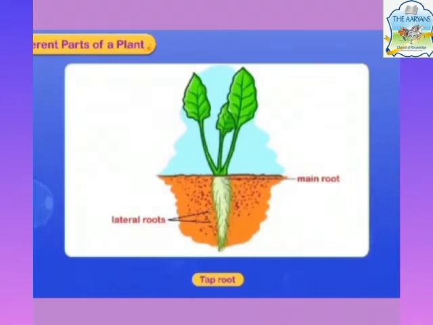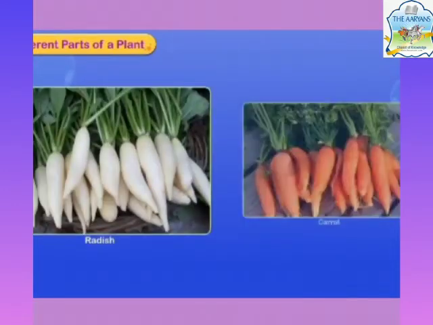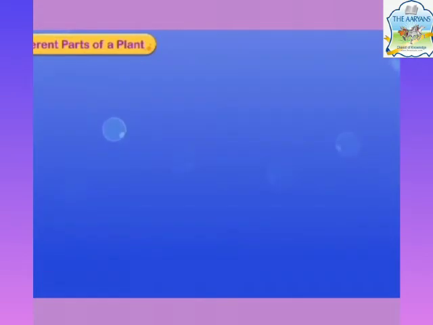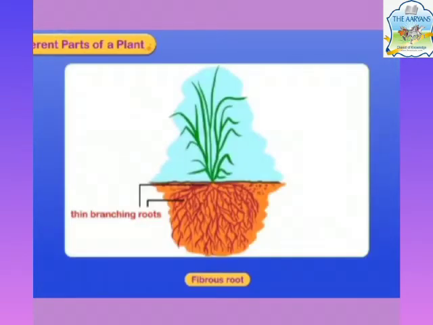First is taproot. Taproot is a long, thick lateral root. It is a main root attached to the stem. For example, radish and carrot have taproot.